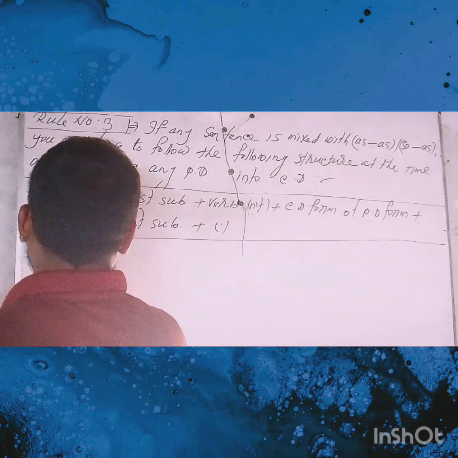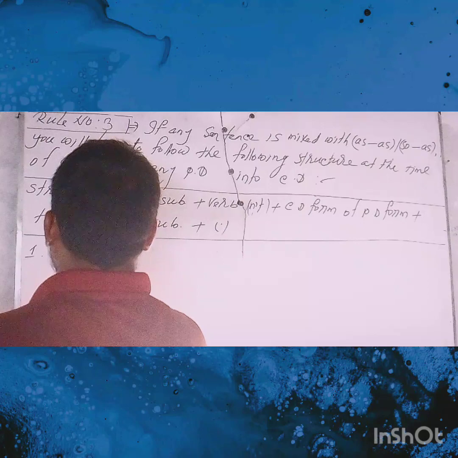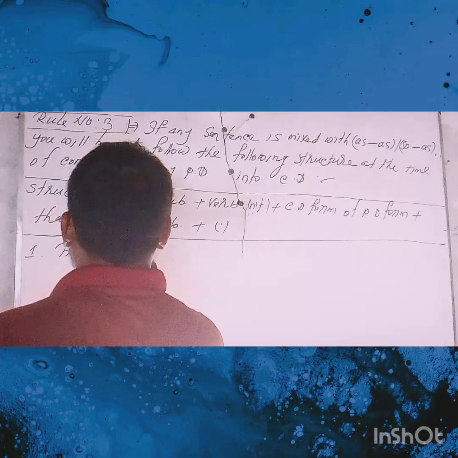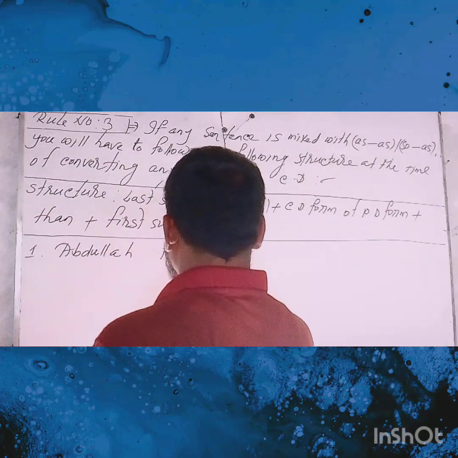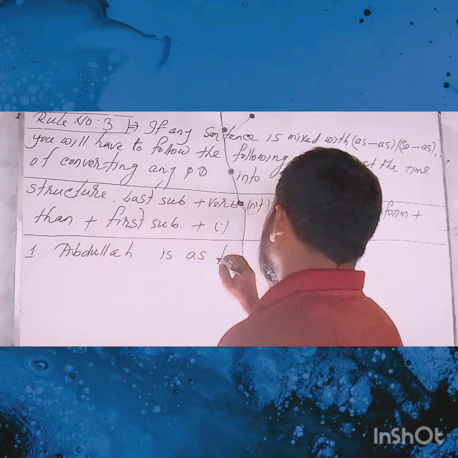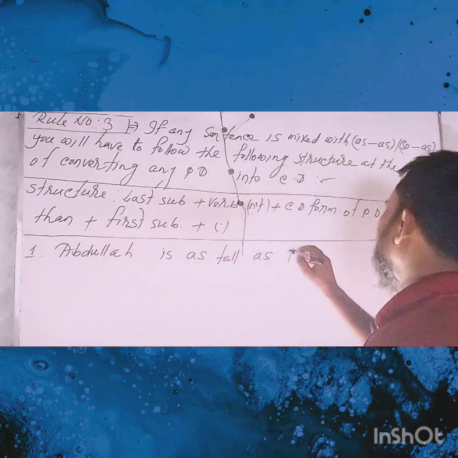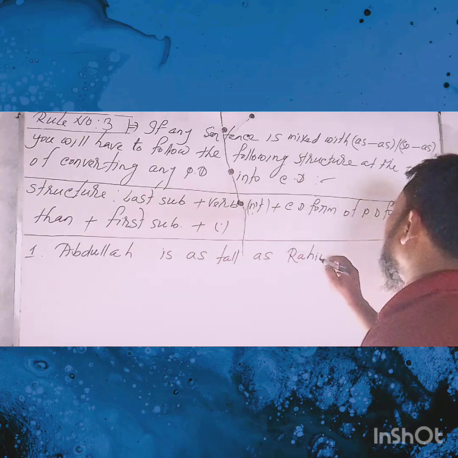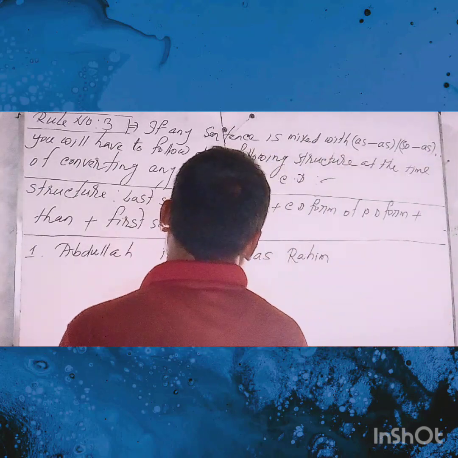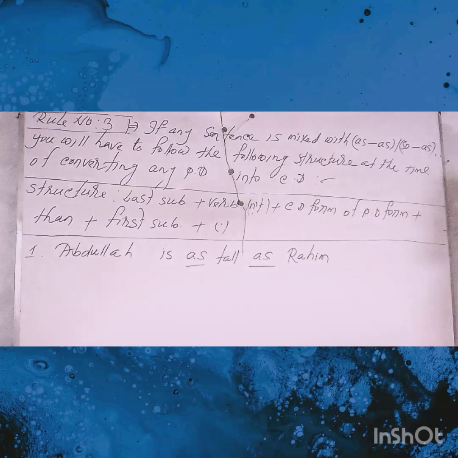Okay, example number 1: Abdullah is as tall as Rohim. At first, before converting this statement into comparative degree, you'll have to be sure whether this statement is a positive degree or not.